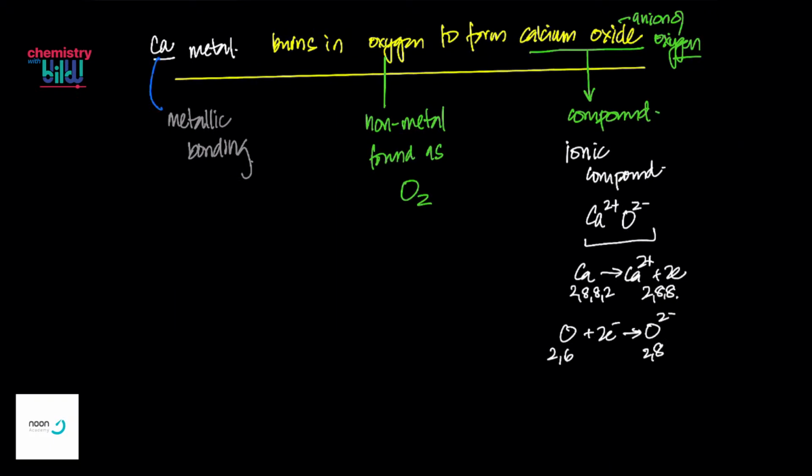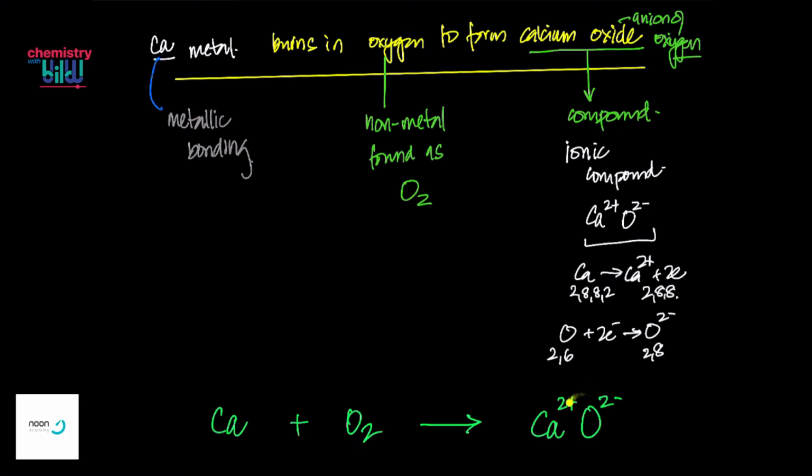And now, to represent all of this is what we call an equation: calcium plus oxygen forming calcium oxide. Somebody as picky as me might even want to show the ions of calcium oxide, just to show people that, look, I made an ionic compound.